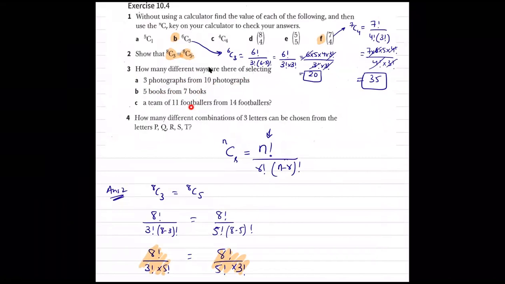Team of 11 footballers from 14 footballers, 14C11. How many different combinations of three letters can be chosen from P, Q, R, S, and T? 5C3. Yes. There are 5 letters, and out of those 5 letters, you are going to choose any 3. Good.